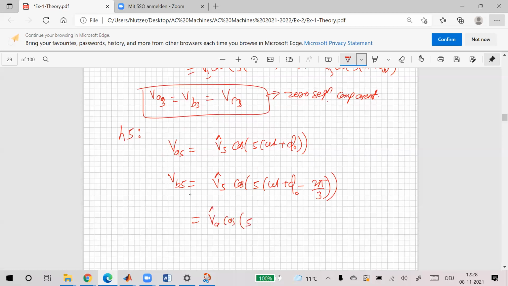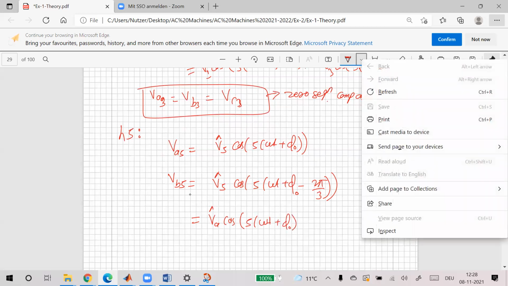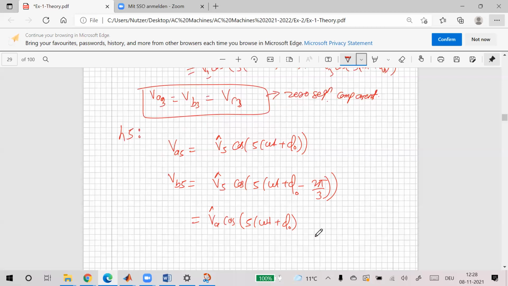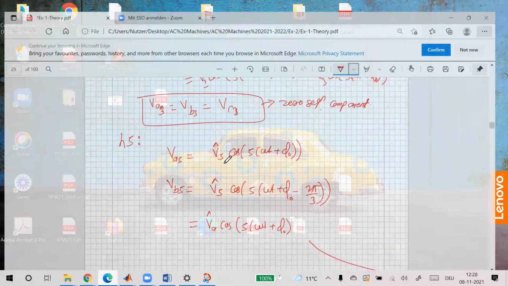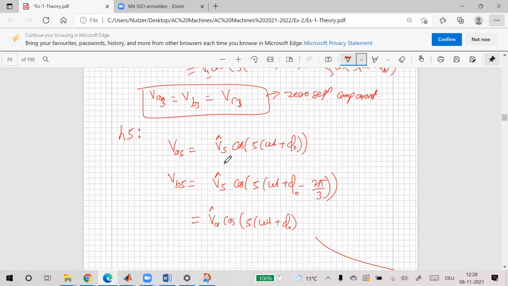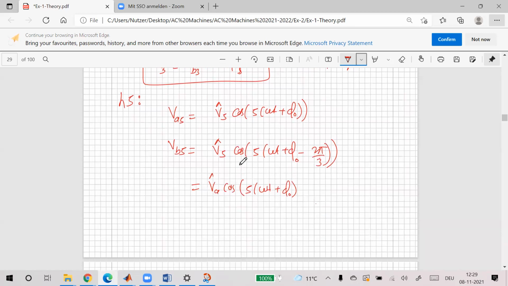And if you simplify this, you can write it like 10 pi over 3.